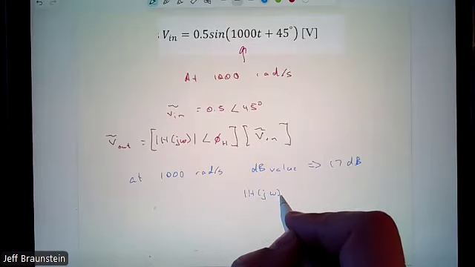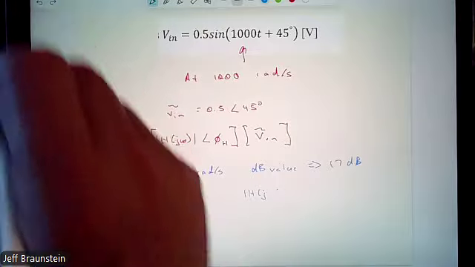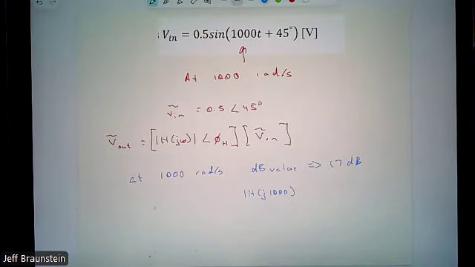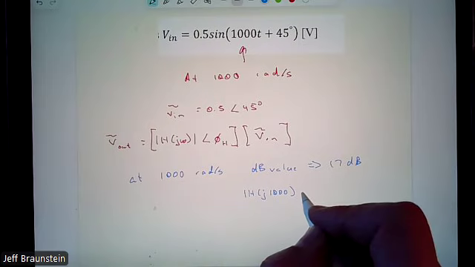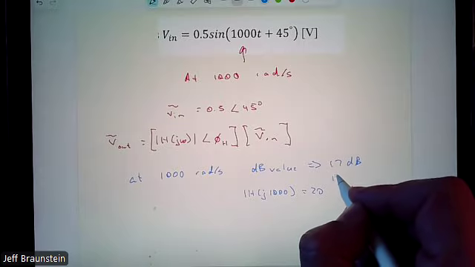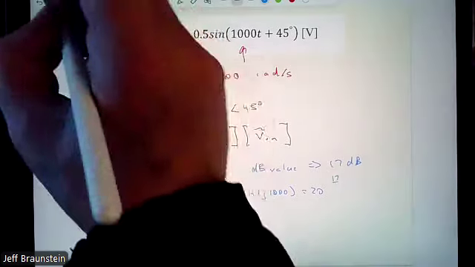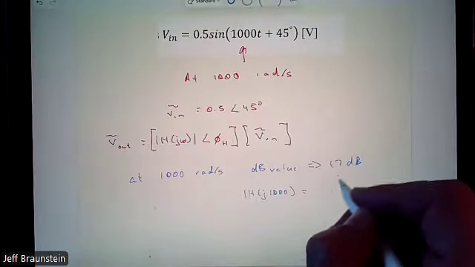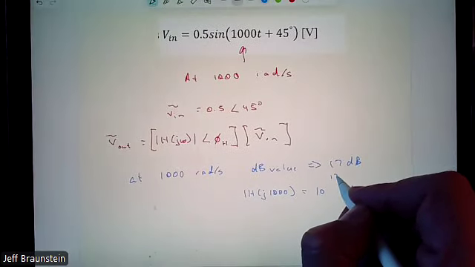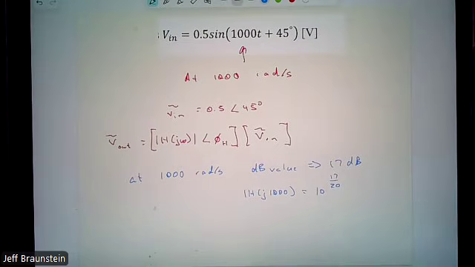I could be a little more specific and say magnitude of H of j1,000, because that's our omega value, equals 10 to the dB value over 20, going from dB back to value. We've written that equation before. If we do that out, it's 7.07.